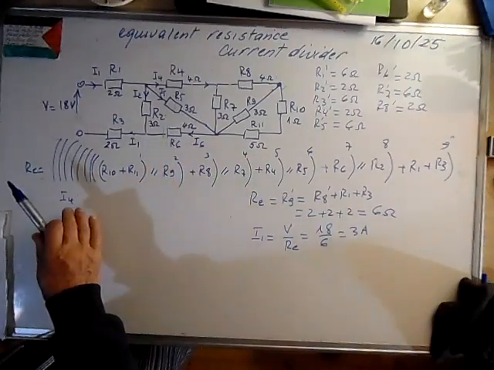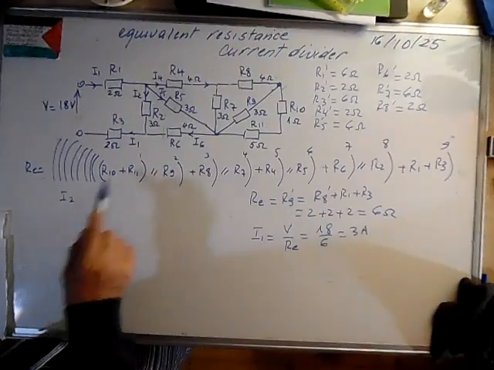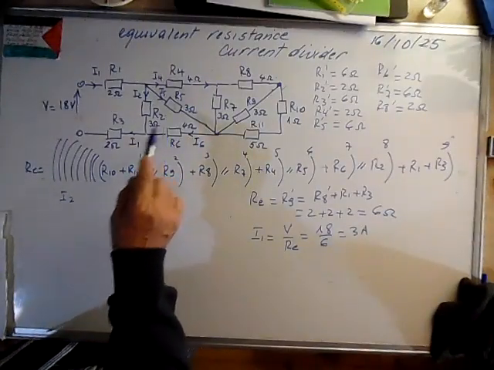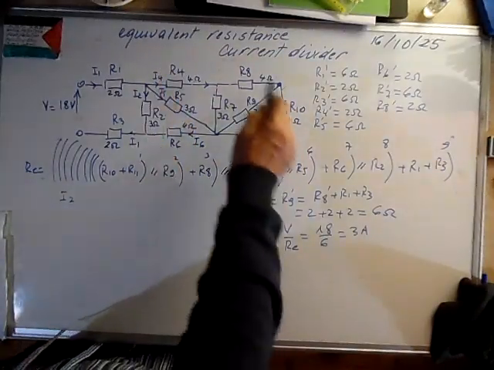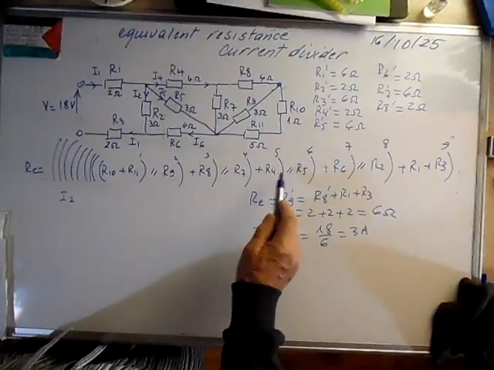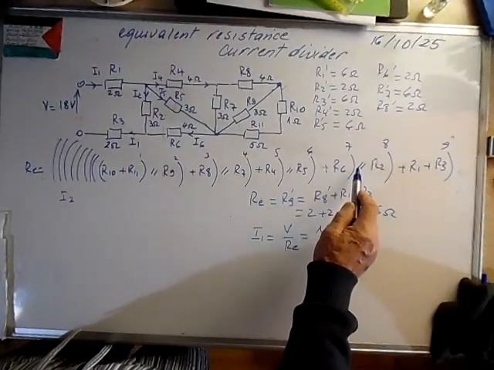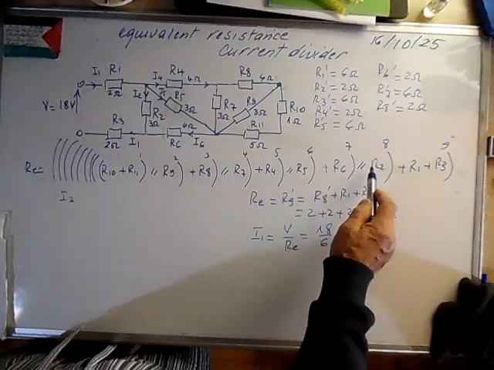No, I2 first of all, and I6, because these, which I called R7 prime, are in parallel with the R2.